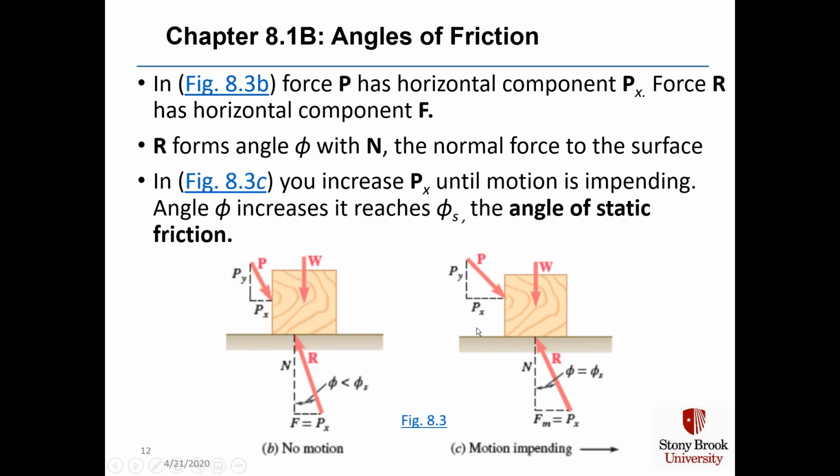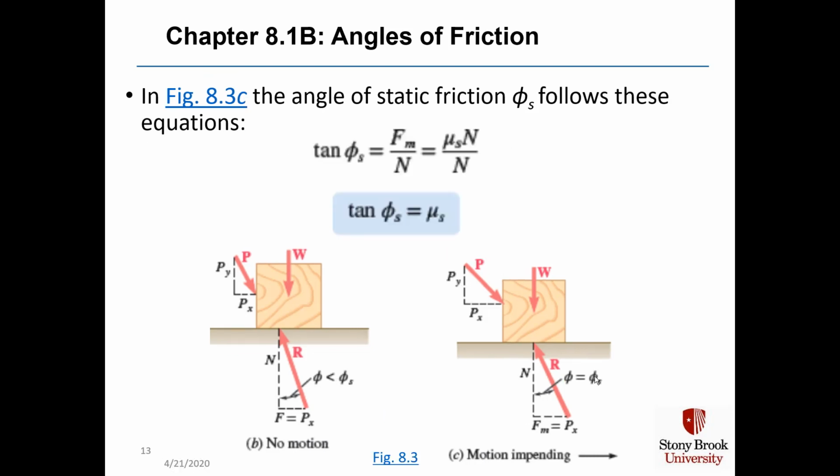8.3c, you increase P sub x until motion is impending. An angle phi gets bigger, and it keeps going up until it reaches phi sub s, which we call the angle of static friction. In figure 8.3c, in the lower right corner, the angle of static friction phi sub s follows these equations.